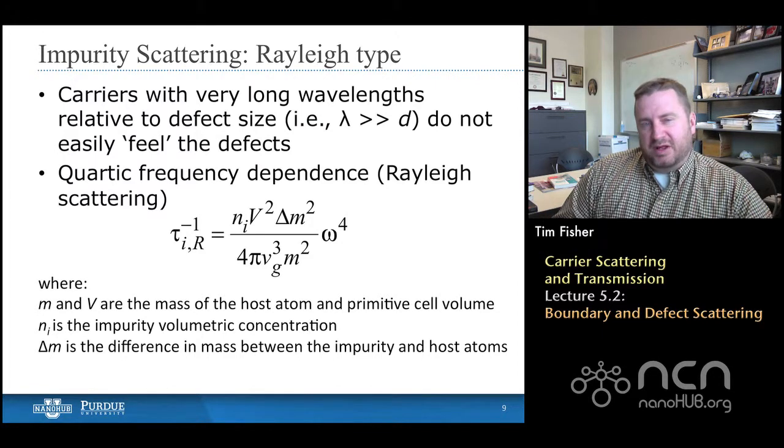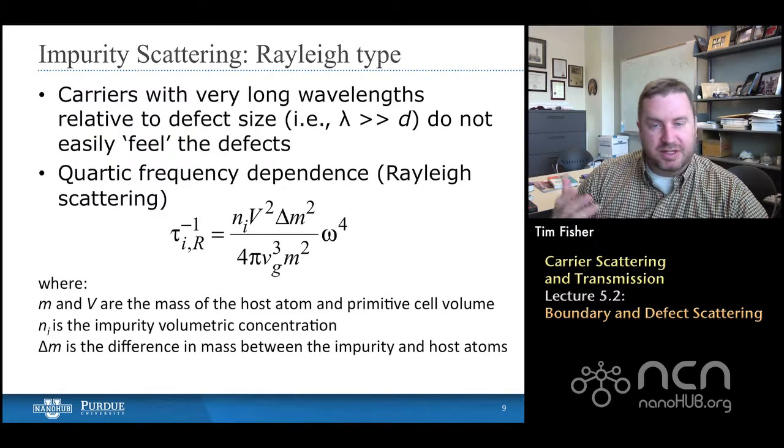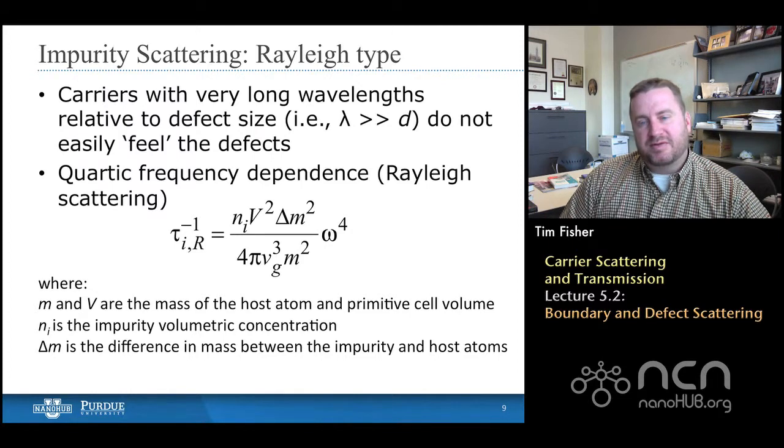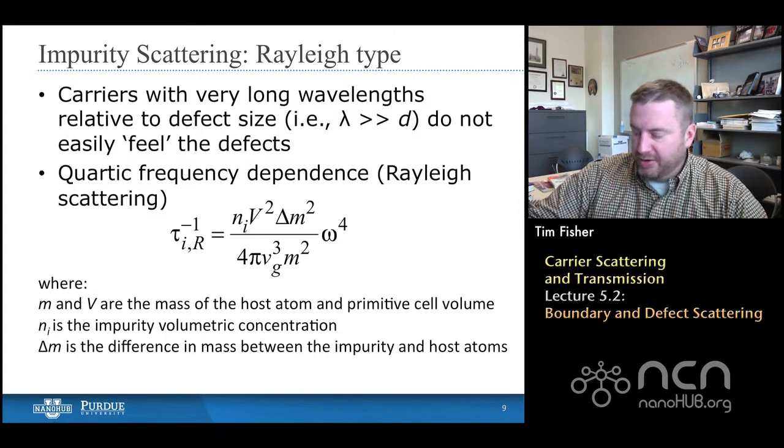And if we have a really long wavelength relative to the size d, then essentially the wave is virtually unaffected. But as the wavelength becomes smaller, or the frequency becomes higher, then you start to see the defect more and more. And this is a very well-studied problem. It's called Rayleigh scattering.